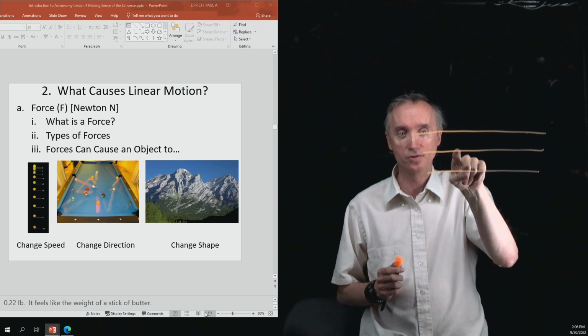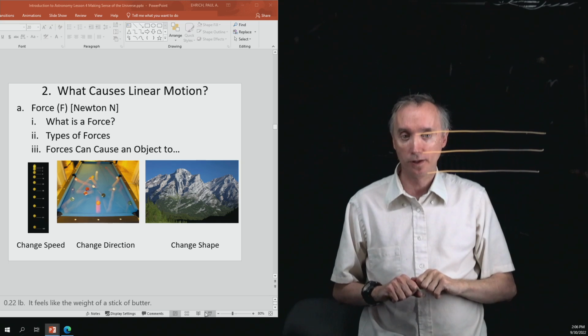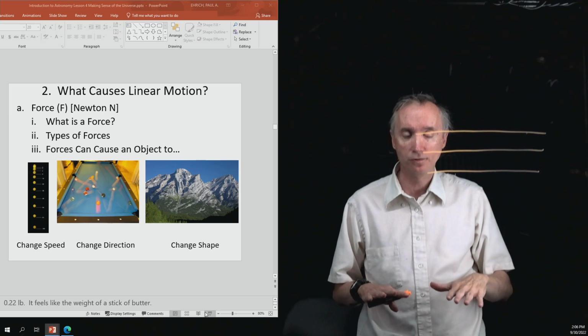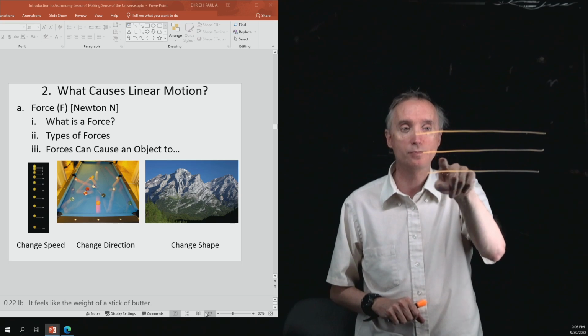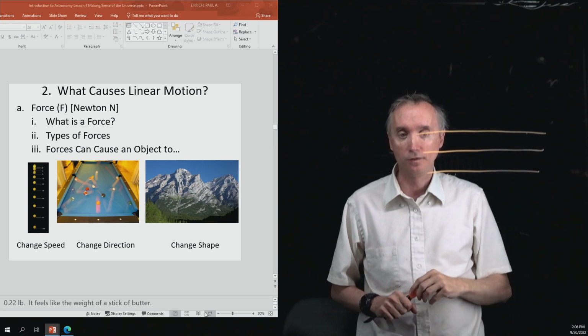Notice those lines are all parallel, so when limestone forms on the bottom of the ocean floor, it's going to make these parallel lines of limestone.